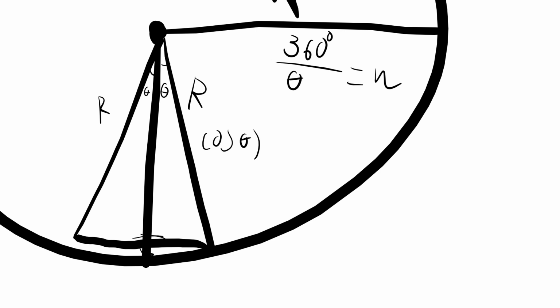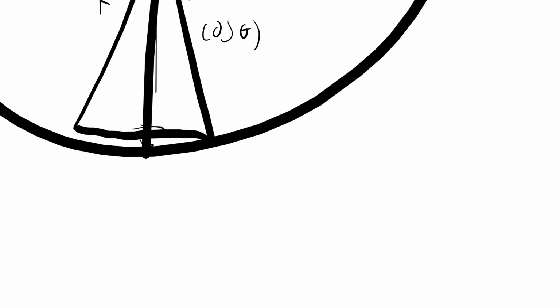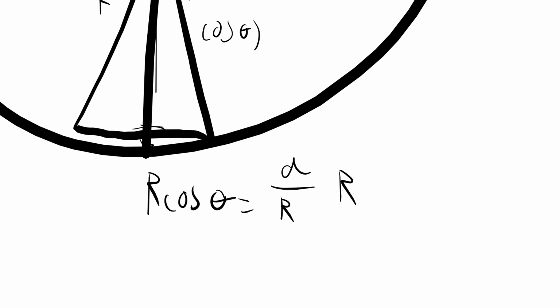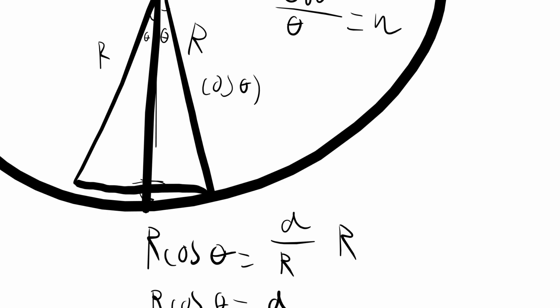Just ignore that; we're going to represent that as this little side, x. So r cosine theta is equal to adjacent over hypotenuse times r, because these two cancel out. That means r cosine theta is equal to a. So this length right here is r cos theta.